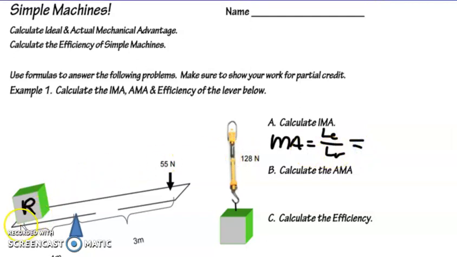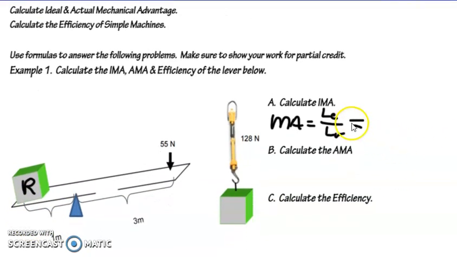In this case right here, the length of the resistance is going to be from the fulcrum to the middle of this weight, and I believe it says on this sheet it's 1 meter. So the length of the resistance will just be 1 meter, and then the length of the effort, that's where you're pushing it from, and it is also where a force is being applied.